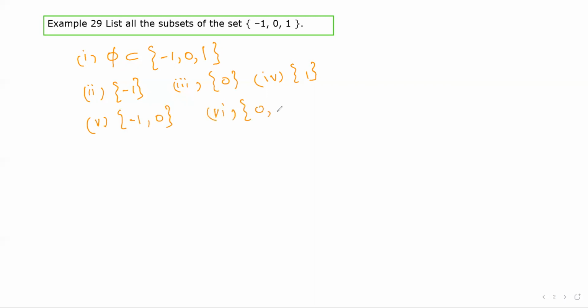So that can be 3 combinations of any 2 elements. Eighth, a set is a subset of itself. So if there are 3 elements, we know that there are 2 to the power 3, which is 8 sets, and these all are subsets of set {-1, 0, 1}.